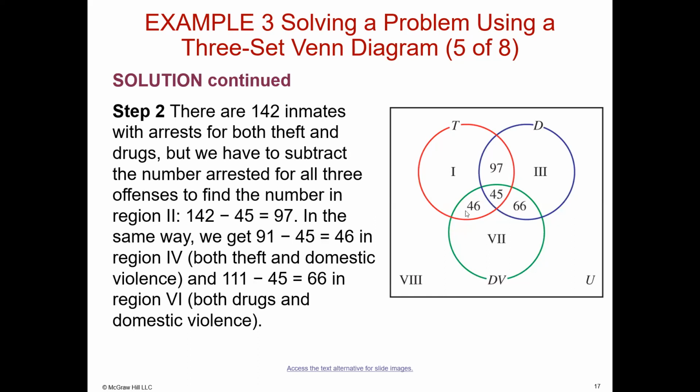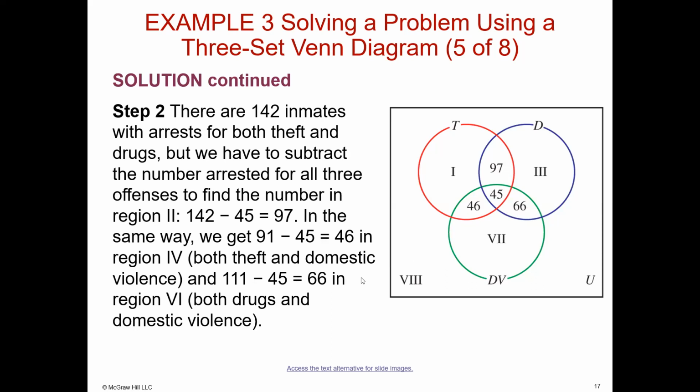But it said how many were nabbed for drugs and domestic violence? 111. For that reason, I'm going to figure out how many people go into region 4 here. We have to subtract 45 from what? 111 to 66. Okay, 66.